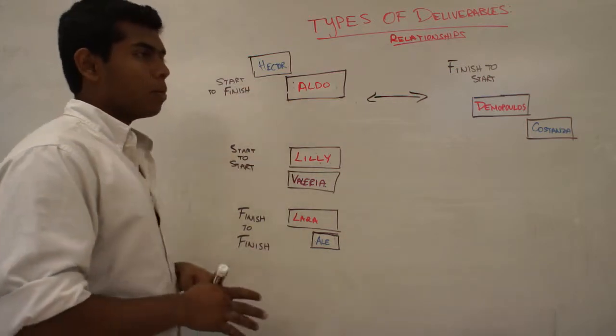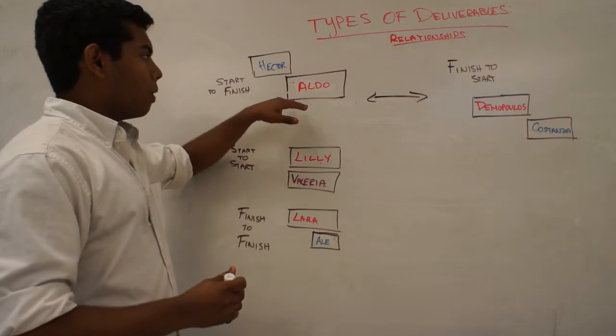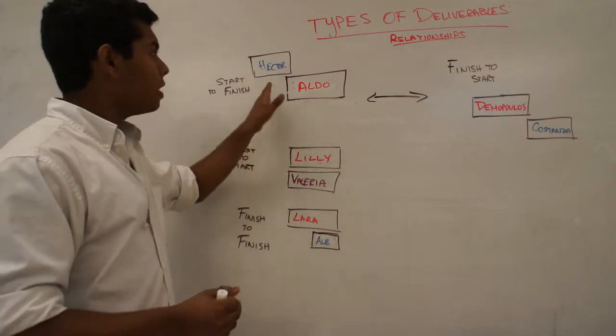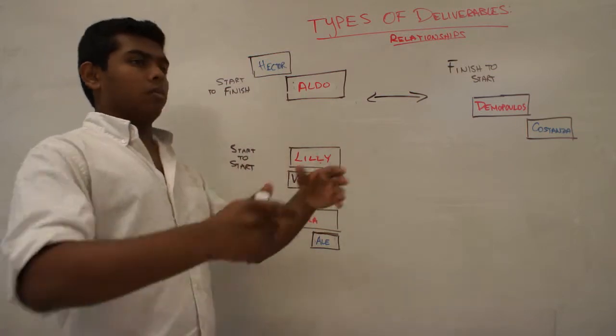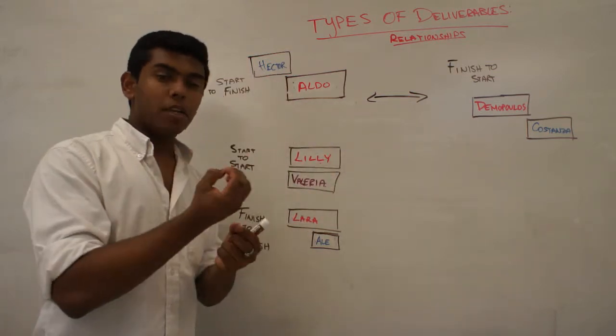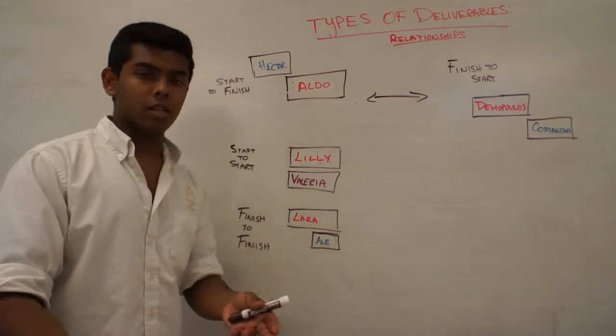So as Hector comes up with a game analysis and robot restraints list, what Aldo will do is take that information and process it and basically extract the information needed out of that and implement it on his tasks.